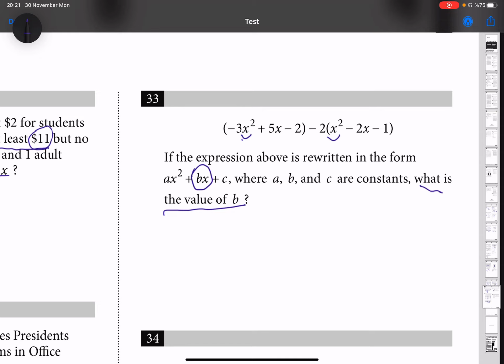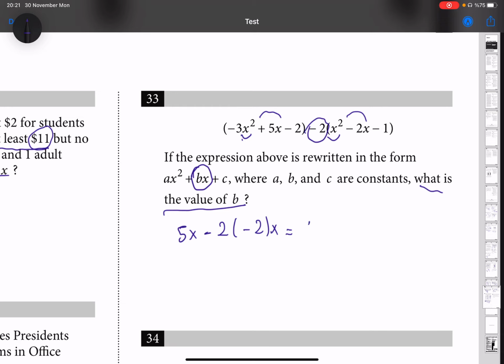So since I need the first power, I can only add the first powers of x. So which is 5x, there is a minus sign here, be careful, minus 2 times minus 2x.